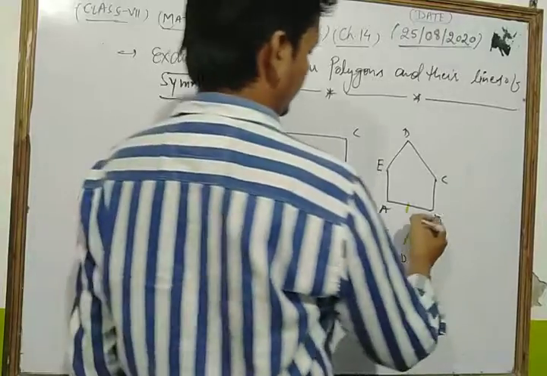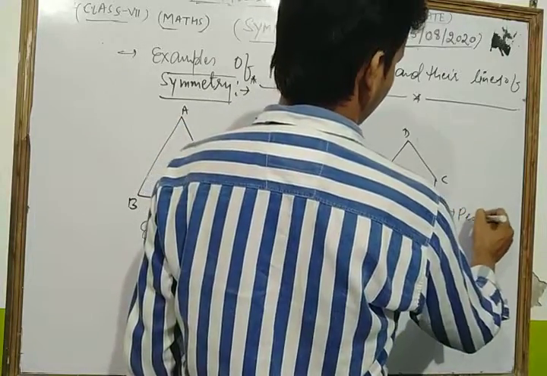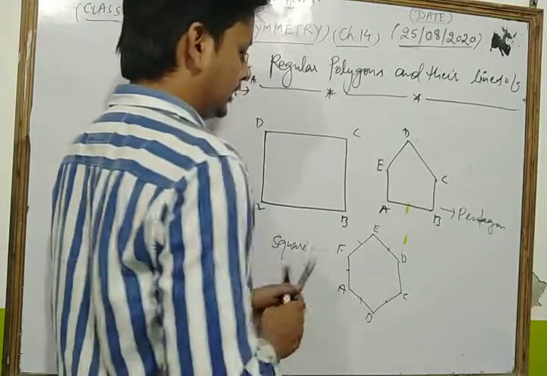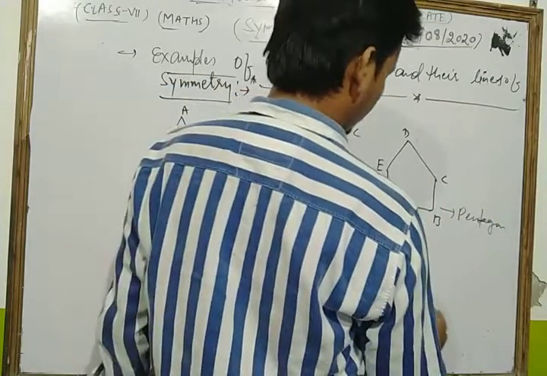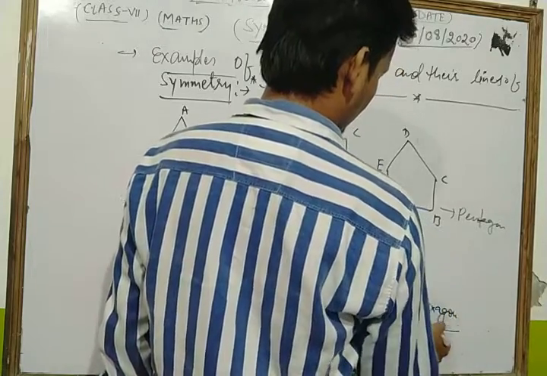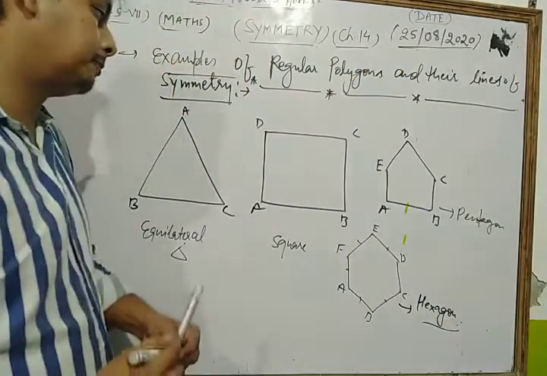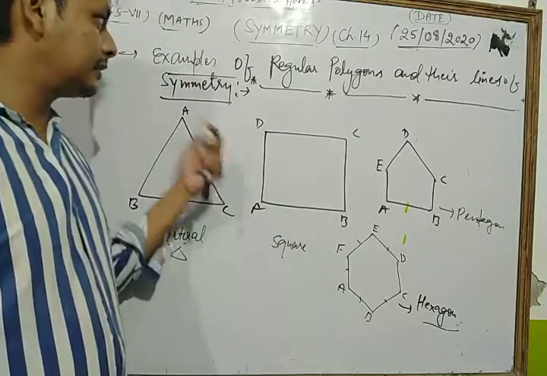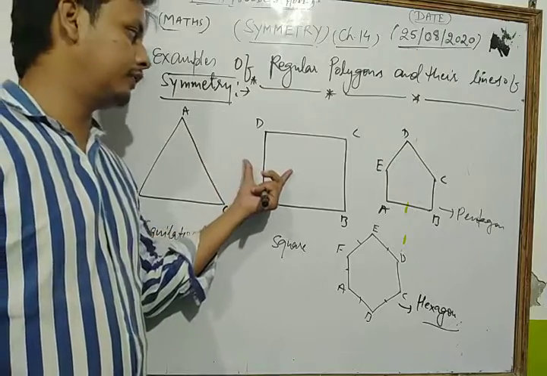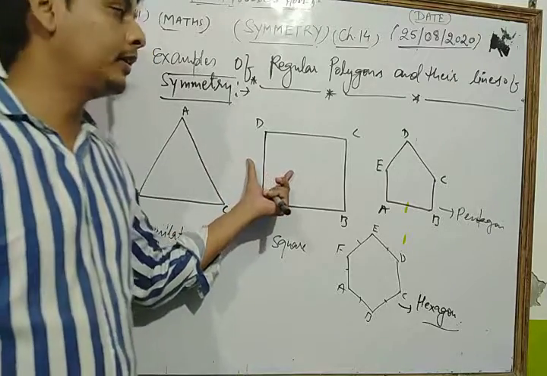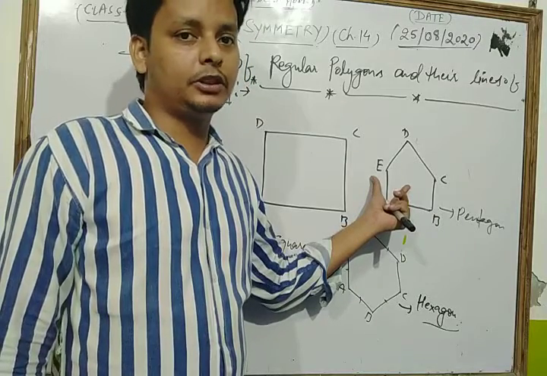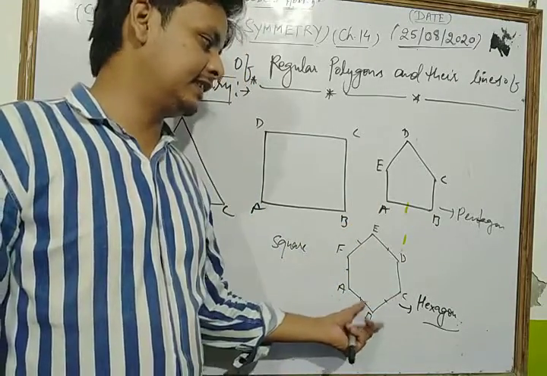This is what? Pentagon. And the last one is what? Hexagon. Now, dear students, this is an example of a regular polygon of side 3. An example of a regular polygon of side 4 is a square. The regular polygon of side 5 is the pentagon, and the regular polygon of side 6 is the hexagon.